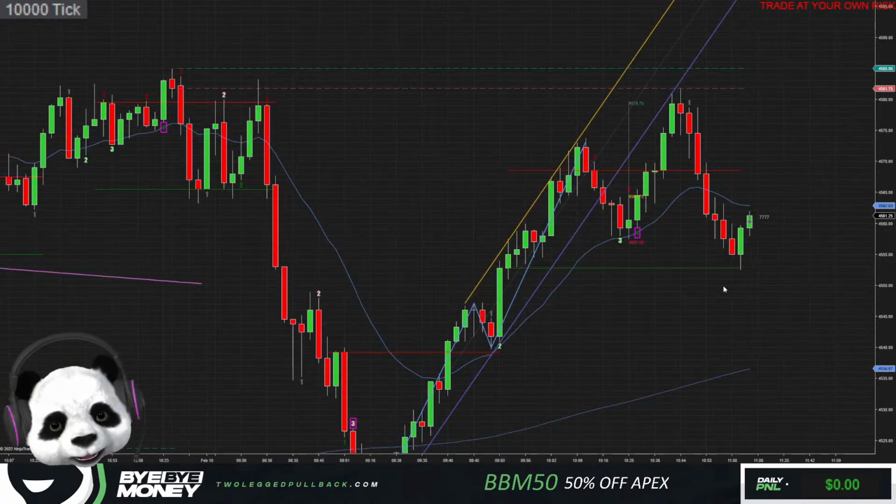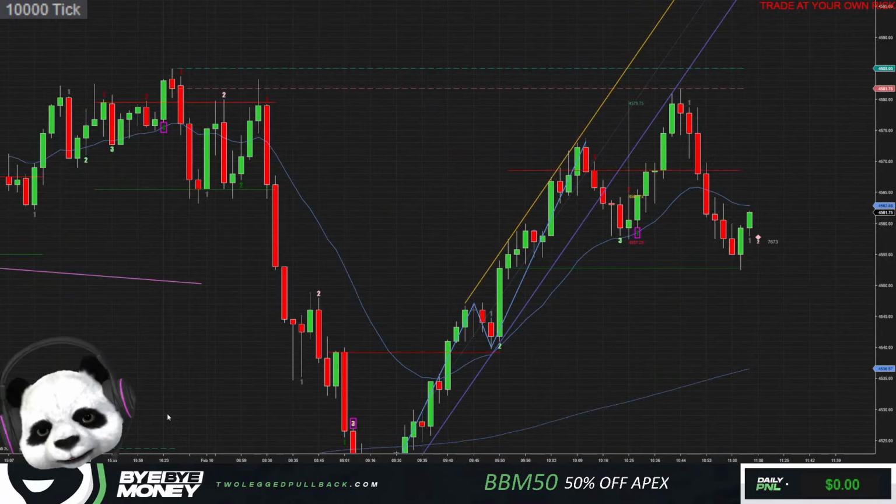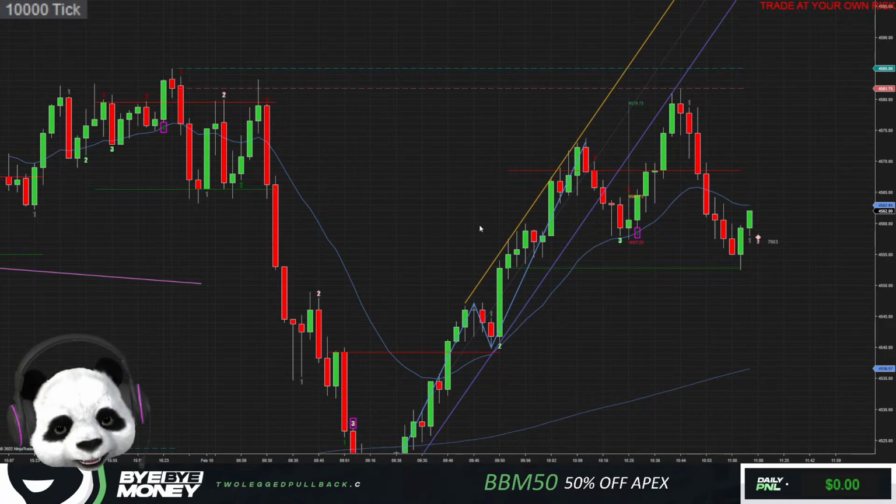Right, the 10K chart marking for us beautifully our trading range, and it marked it way over here. It saw this cluster of candles and started to mark a trading range.